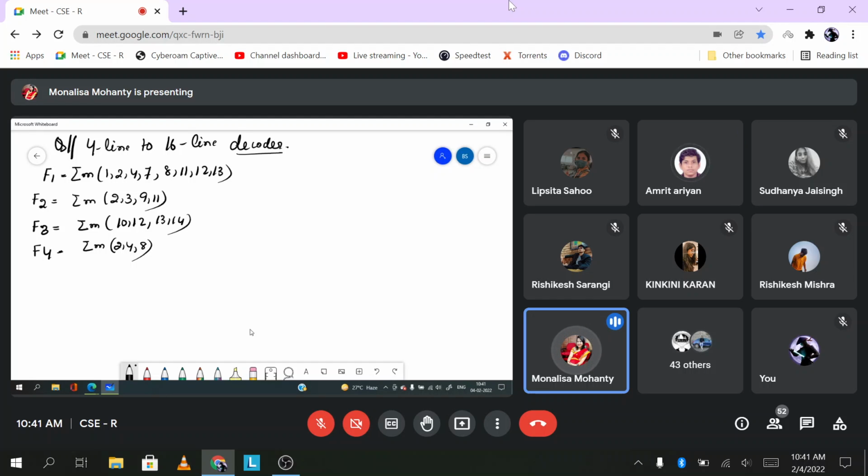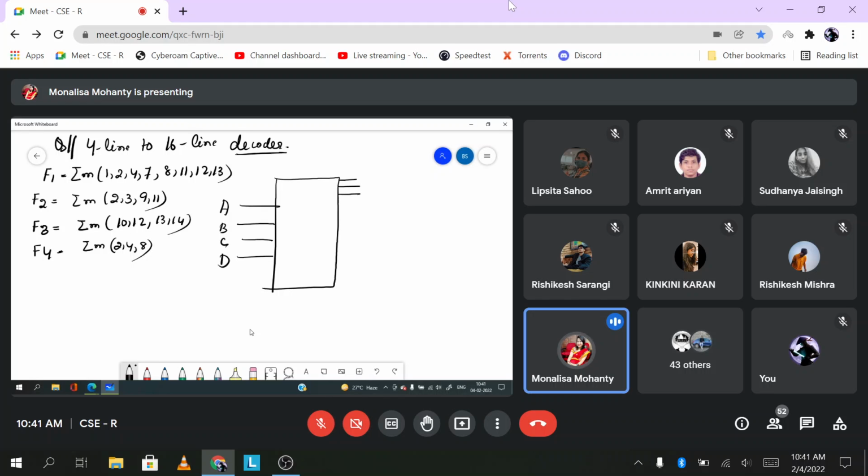It is decoder, na? Decoder means you should have 4 number of input line. Okay. So say A, B, C, D. And you should have 16 number of output line.